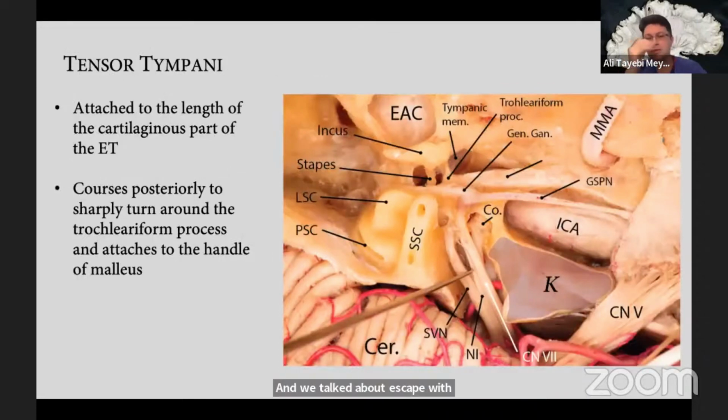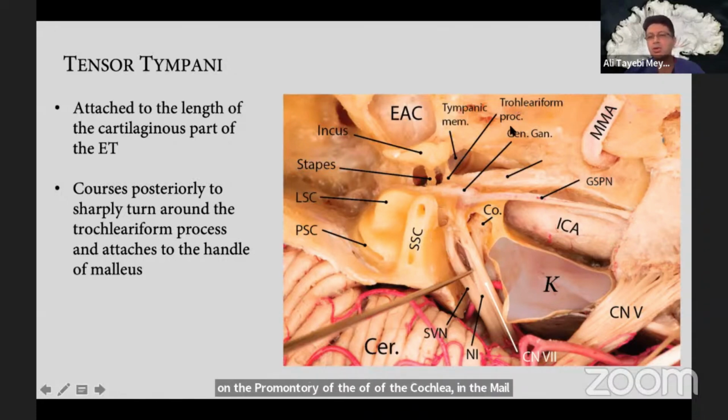So let's talk a little bit about the tensor tympani. The tensor tympani muscle basically originates in the medial wall and the roof of the eustachian canal. It runs posteriorly, and then it attaches to a projection on the promontory of the cochlea in the middle ear, which is called the trochleariform process.